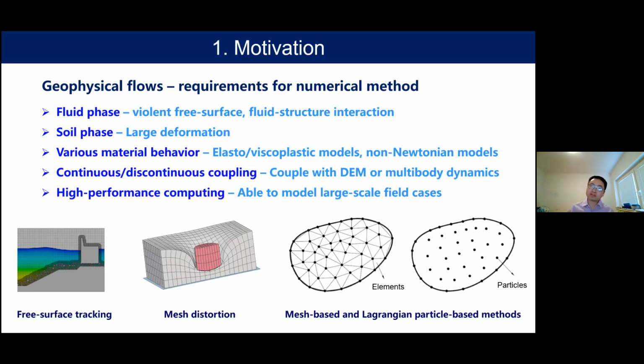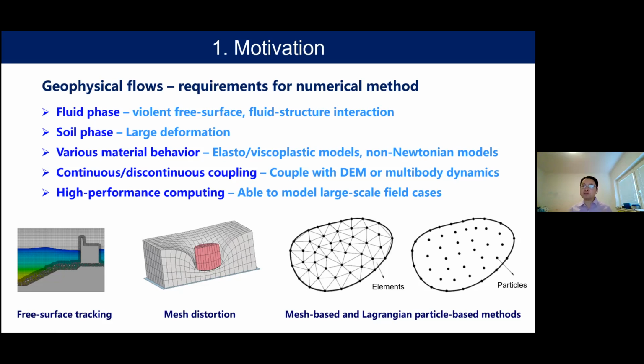So the requirement for a method to model these complex geophysical flows in a unified framework is that it can model the fluid phase, especially the violent free surface and the fluid structure interaction. When I talk about fluid structure interaction, I talk about different types of structure. First, the easiest one is a fixed structure, which you can just model as a rigid boundary.